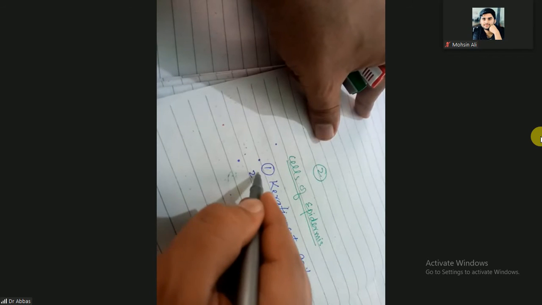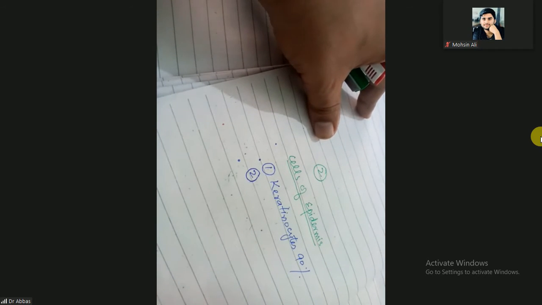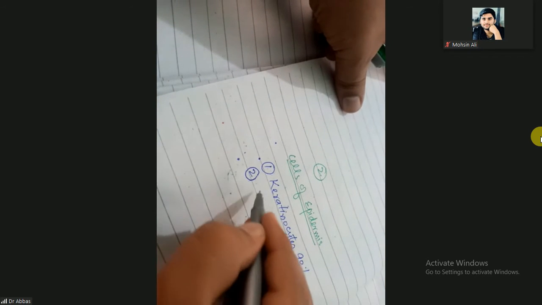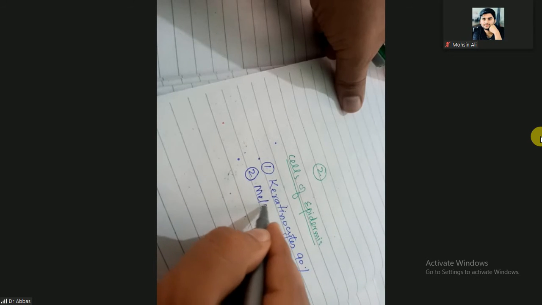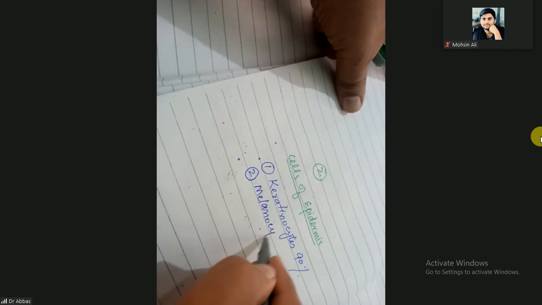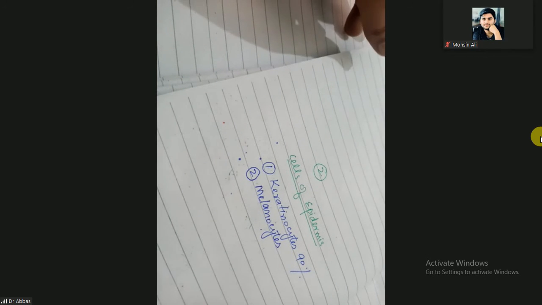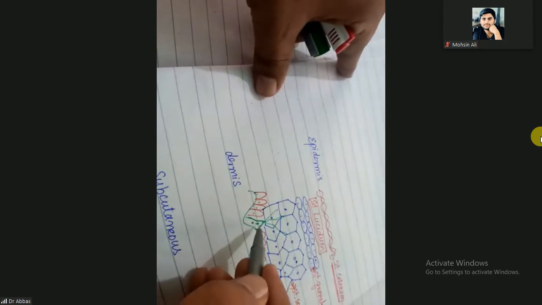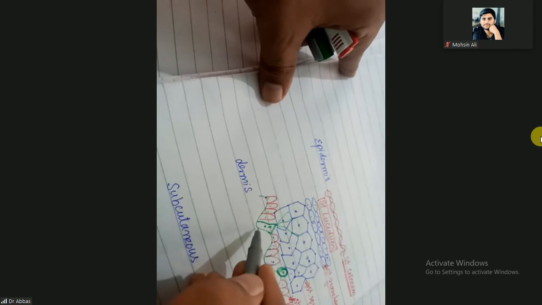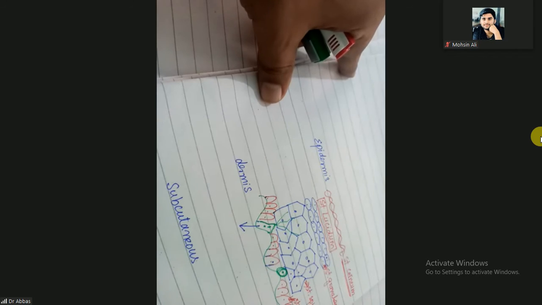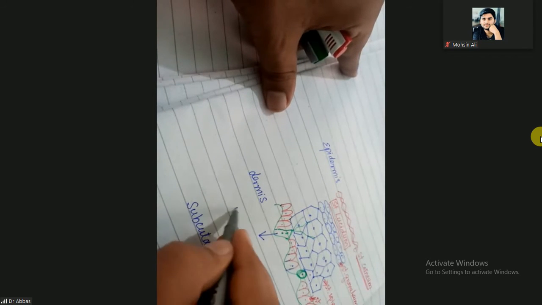The second cells of the epidermis are the melanocytes, that give the color to the skin. So here in the stratum basale, especially this one cell, that is the melanocyte.